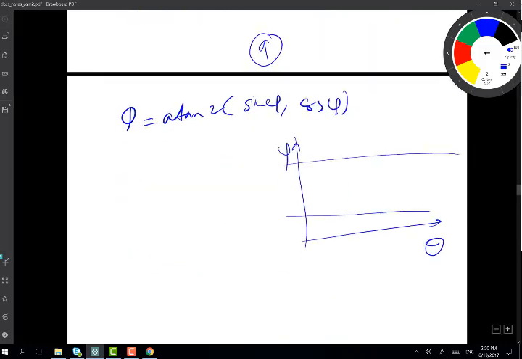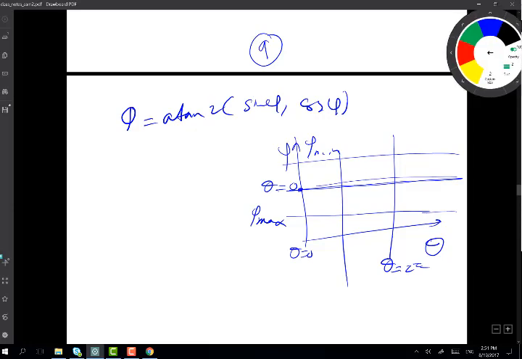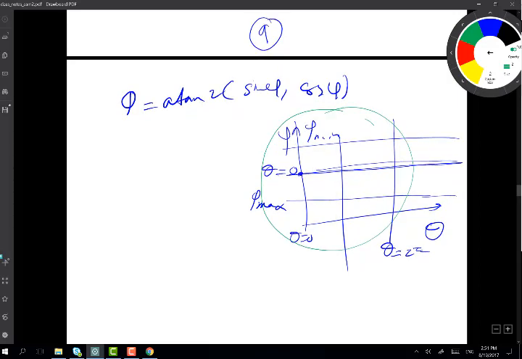You'll find the value of phi will have some minimum value and some maximum value, and in between it will be around pi. So start with theta equals 0, up to theta equals 2 pi, and you can plot here to see how phi looks in this space.